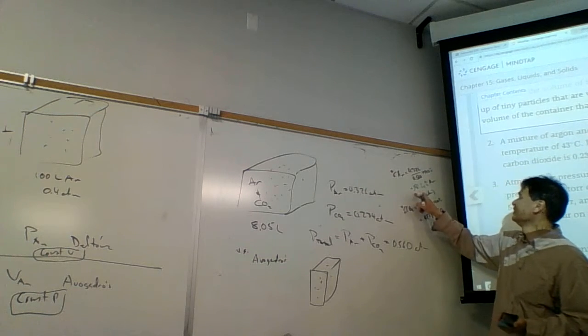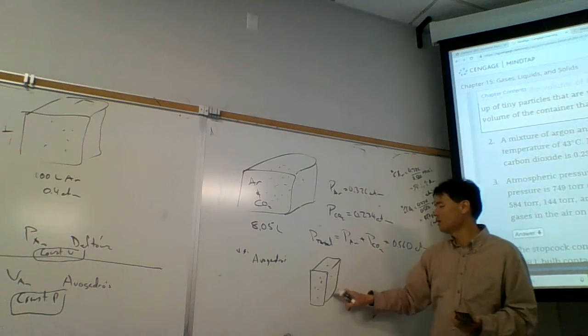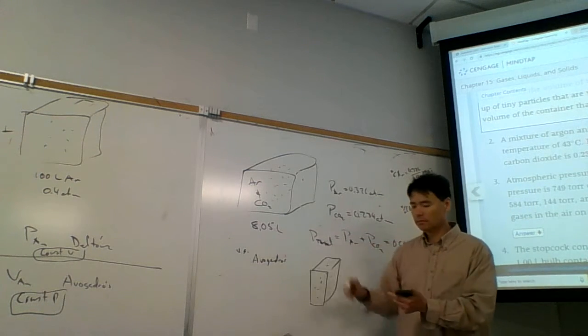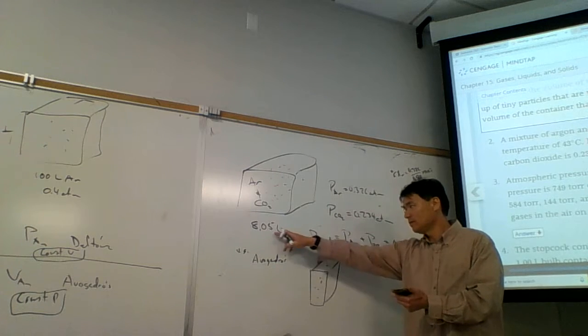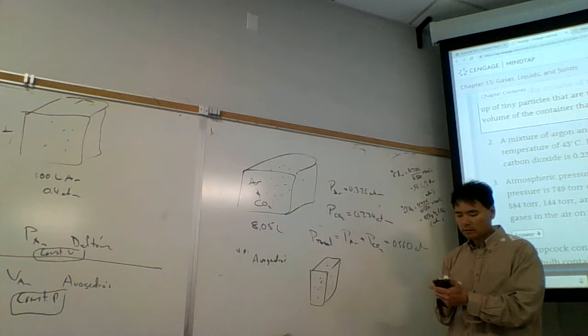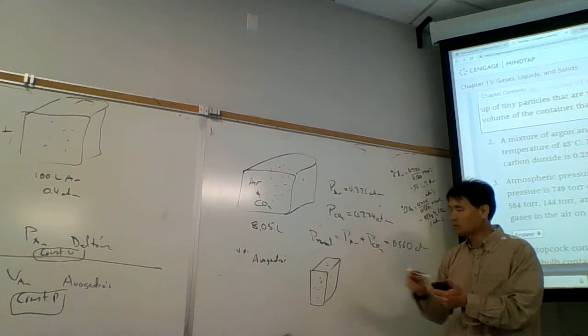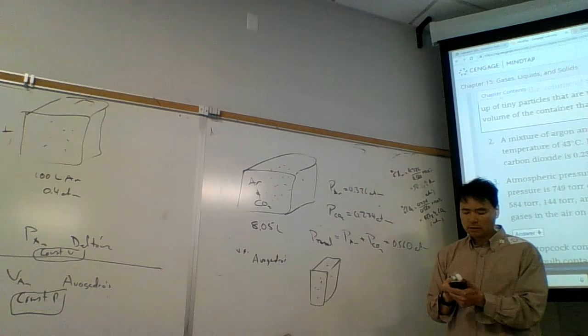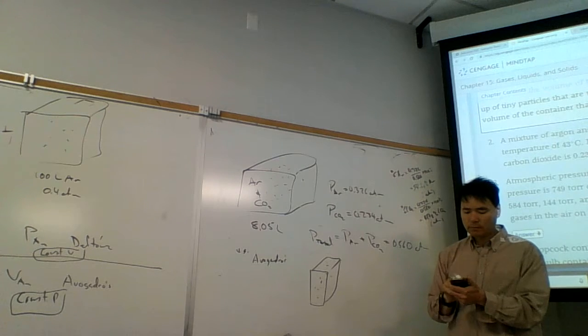And so what I need to do is, if I'm going to split this up, argon is 58.21% of the volume here. And so what is 58.21% of 8.05? It's going to be 58.21 divided by 100 times 8.05.